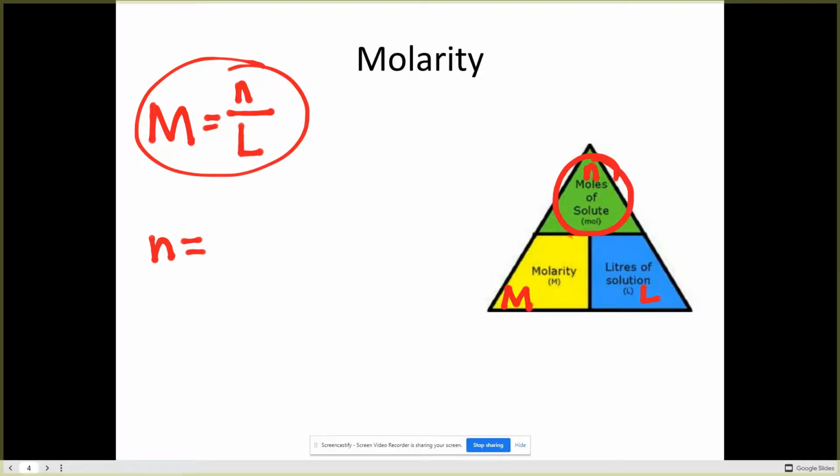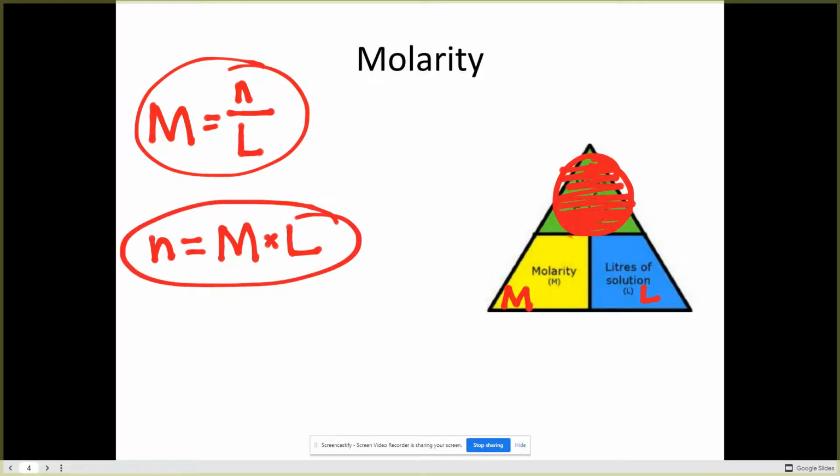It's unknown, so let's hide it. And what do you see? I see M and L beside one another. So that means you have to multiply the M by the L, and that's the formula. So to get the number of moles, you multiply the molarity by the liters of solution.